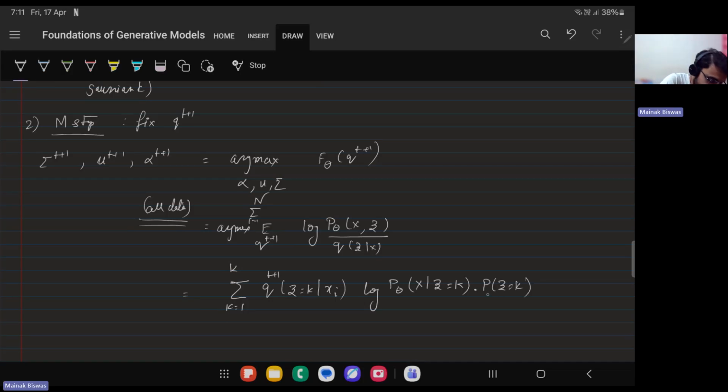Very good. And you have minus the sum over i equal to 1 to n, sum over k equal to 1 to K of q of z equal to k given xi, log q of z equal to k given xi.